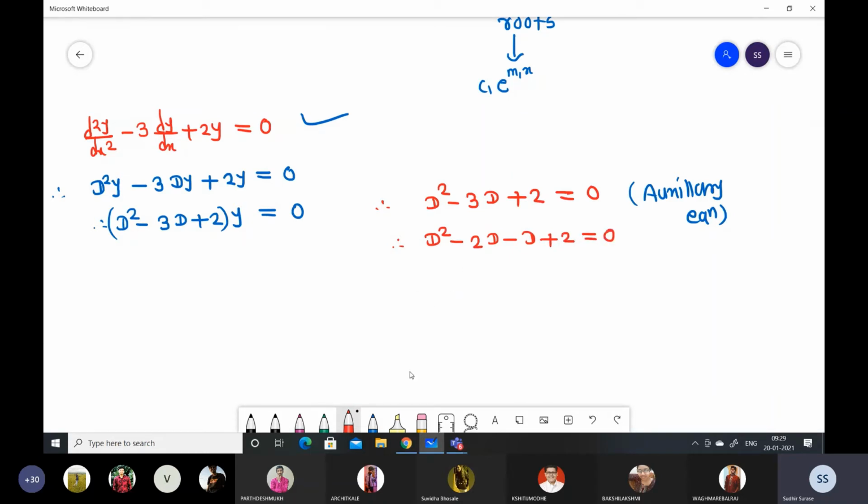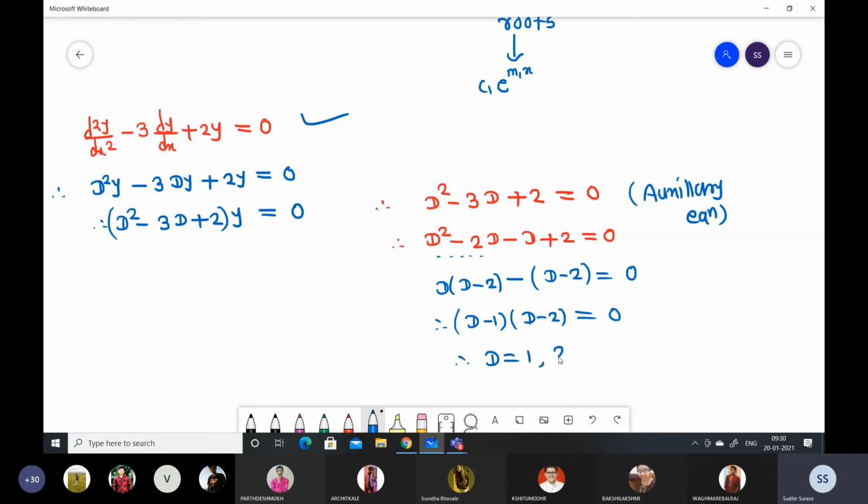Now we can take D common from the first two terms, so D(D minus 2), and take minus common from the last two terms, so minus (D minus 2) equals 0. Now take D minus 2 common. Therefore (D minus 1)(D minus 2) equals 0, and therefore D equals 1, 2.